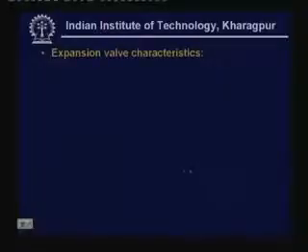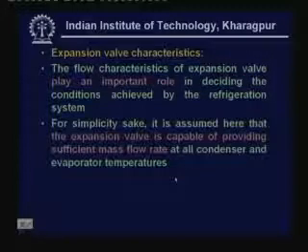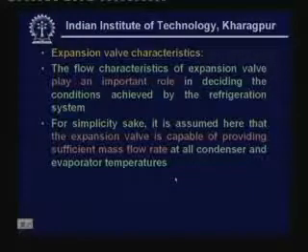Now, the last component is the expansion valve. The flow characteristics of the expansion valve play an important role in deciding the conditions achieved by the refrigerant system. However, for simplicity's sake, here we assume that the expansion valve is capable of providing sufficient mass flow rate at all condenser and evaporator temperatures. Okay.